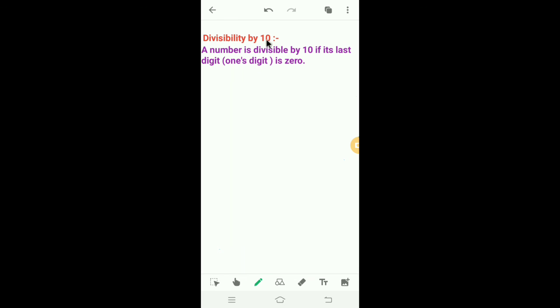Let's learn divisibility by 10. A number is divisible by 10 if its last digit is 0. For example, 90. Here the last digit is 0. So 90 is divisible by 10.